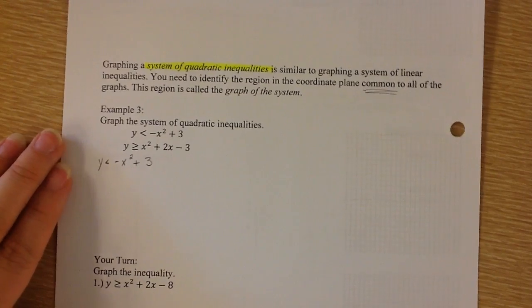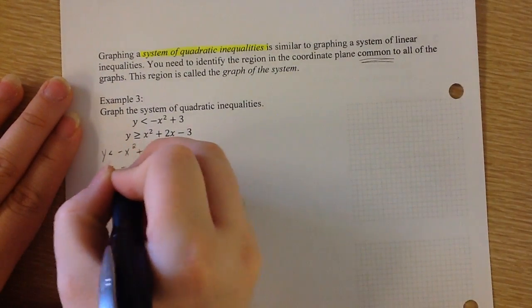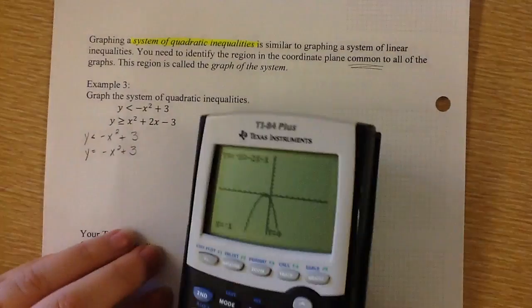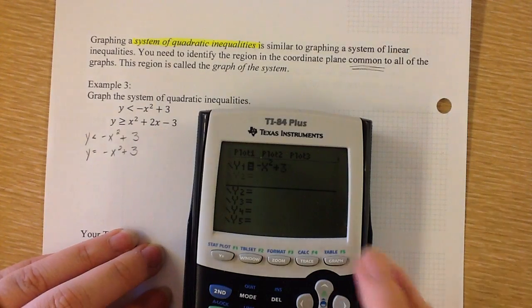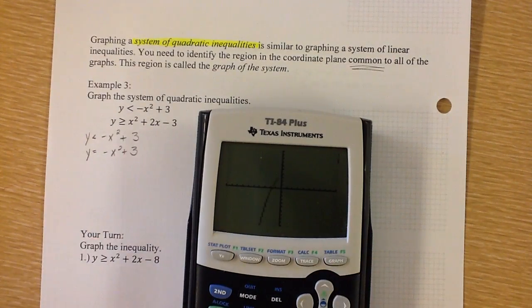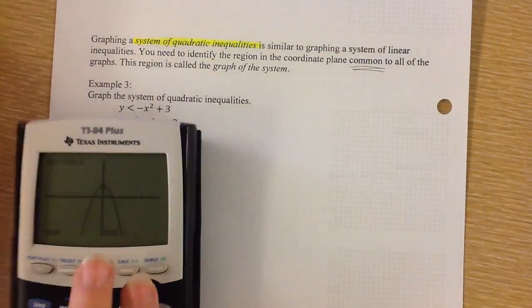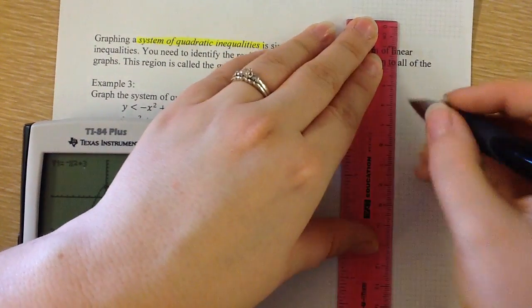Y is less than negative x squared plus 3. So I need to graph y equals negative x squared plus 3. To speed things up, I'm going to graph negative x squared plus 3 on the calculator and get some points. Let's trace. It goes to the point (0, 3).